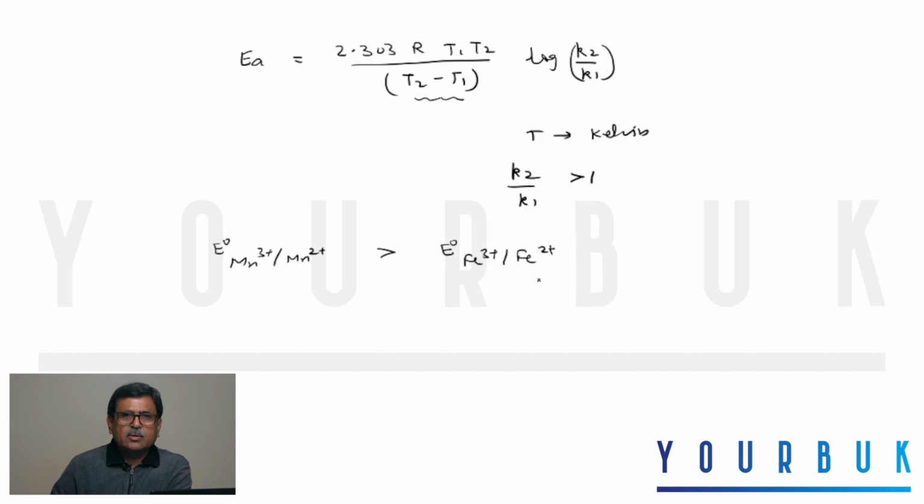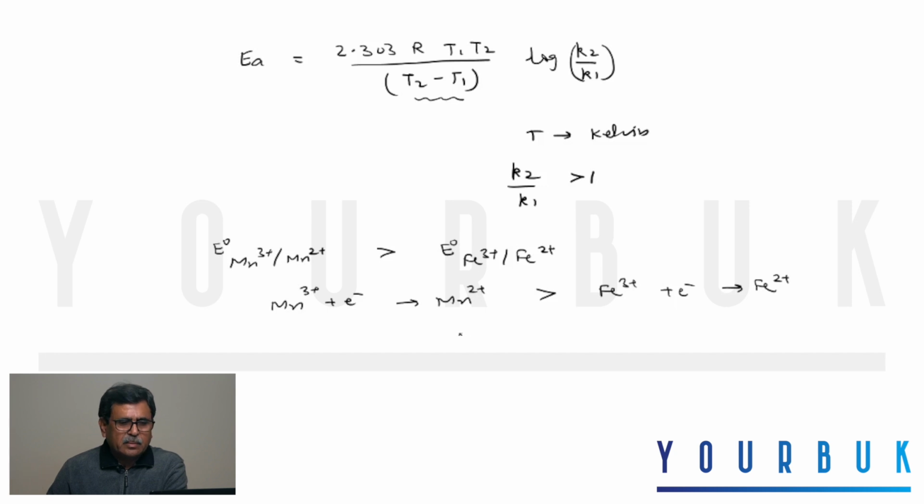So you write the answer in a point-wise manner. It means this reaction is more favorable than the conversion of Fe3+ into Fe2+. Now you have to give the reason why this reaction is more favorable, why manganese 3+ has more tendency to change into Mn2+.